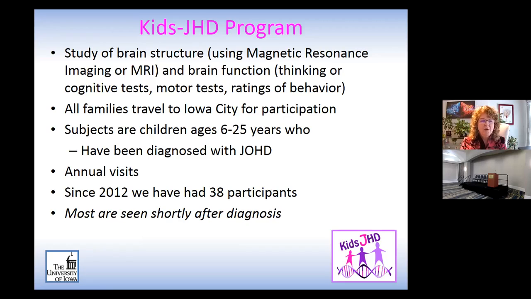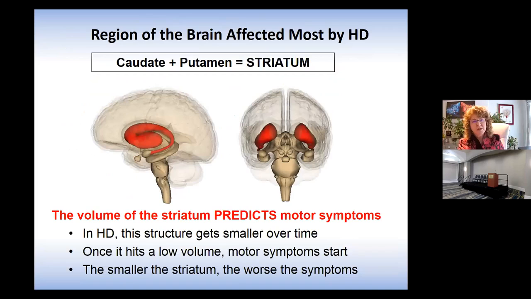Since 2012, we've had 38 participants, and those participants have come multiple times, sometimes 5, 6 times is our top. So we're phenomenally grateful for the opportunity to do this. And most are seen shortly after diagnosis. And so it's not that they have been sick for a long time and then they come. Many are seen early in the course of their disease.